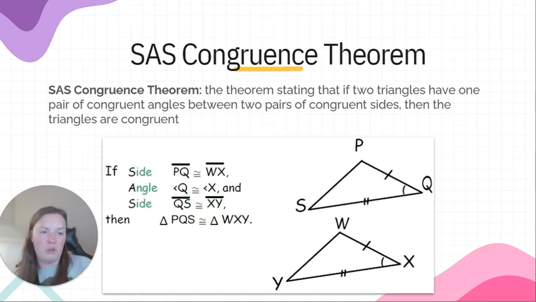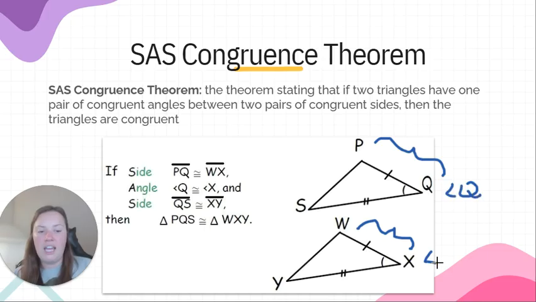So our picture does a beautiful job of representing this. In this case, what it is saying is our first side, PQ and WX, they are congruent, marked by the tick. Angle Q and angle X are congruent, marked by, this time not a tick mark, instead by an angled marker line. Side note, we give it as many ticks as we need, or as many marks as we need.